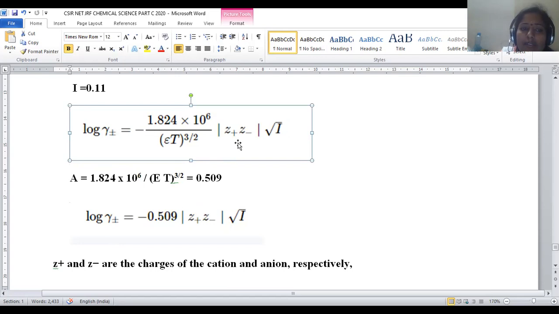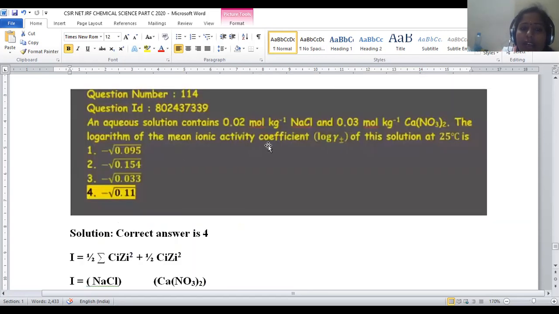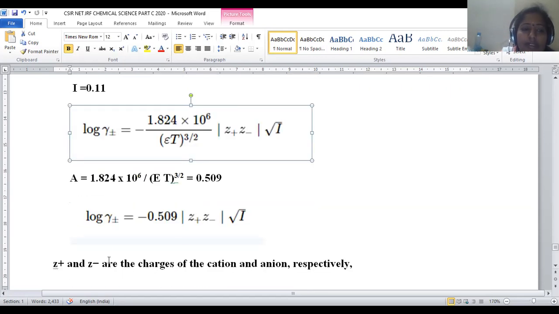So this will be the formula for the calculation of mean ionic activity coefficient. Okay, here A is given as 1.824 into 10 to the power 6 by epsilon T to the power 3 by 2. So this entire term is represented with only A.